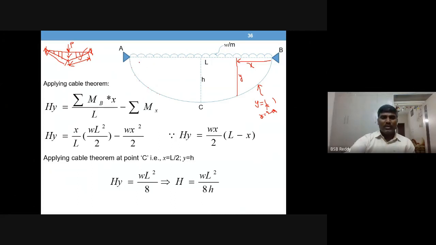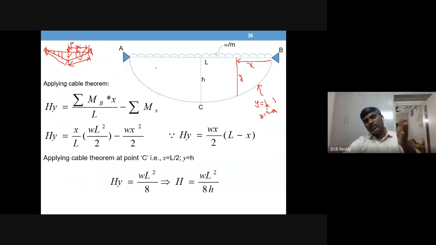So that's why, because what? Say if you have a point load here, the tensile force between this load and this load is constant. The tensile force between this load and this load is constant. Whereas here you have load everywhere. At this point you have a vertical load, and at the very next point you have a vertical load.